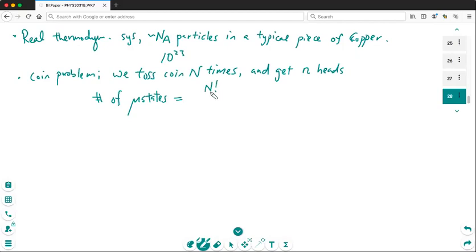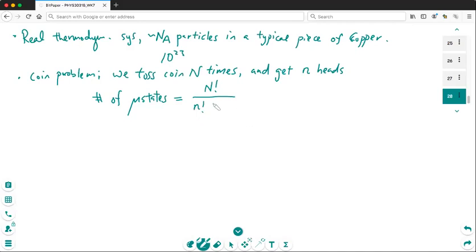That will be N factorial. And I will have n heads, right? If I have n of them showing heads, how many different positions can I place them? I have to divide them out to avoid overcounting.